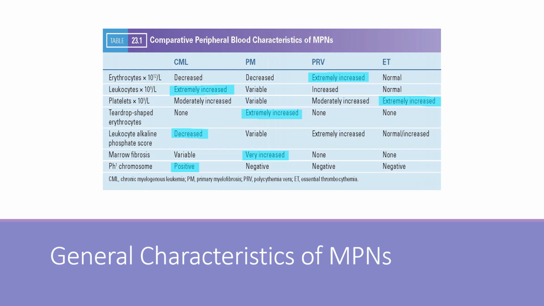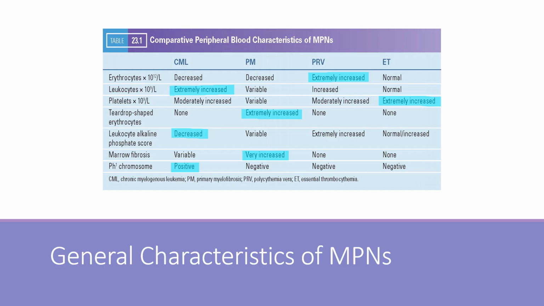And we'll talk more about that in just another minute. I know I keep saying that, but right now we're just getting a brief general characteristic overview. But as we get into investigating each of these myeloproliferative disorders individually, we'll get more details.